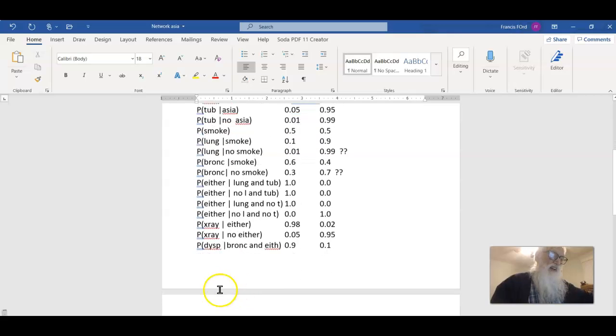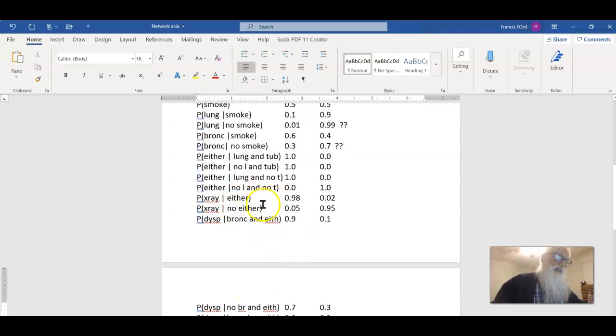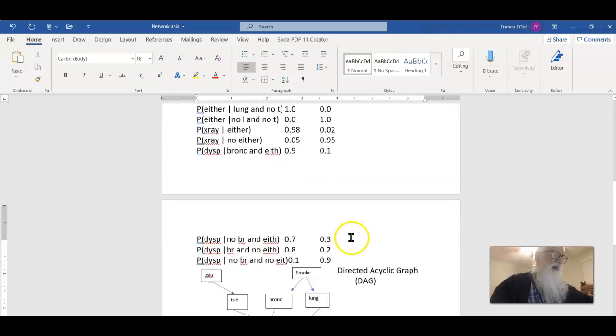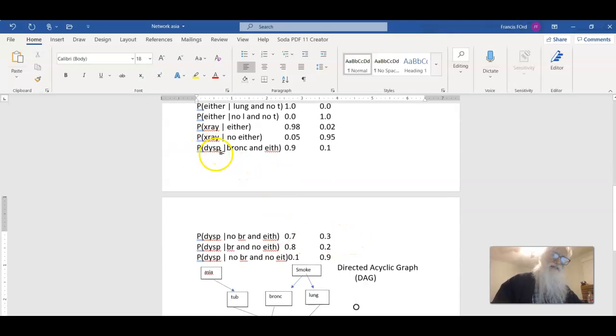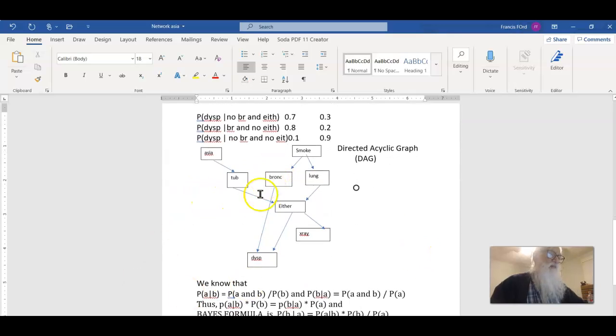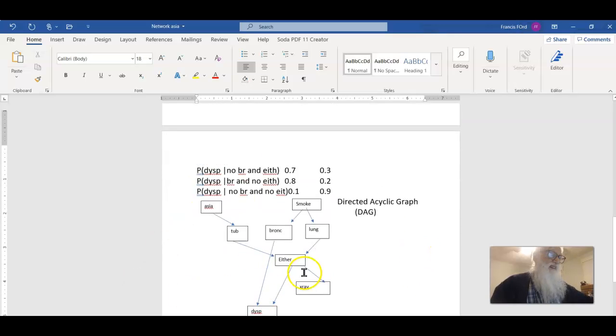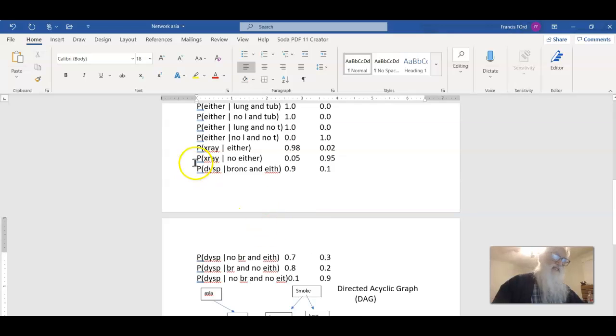And the probability of X-ray depends on either. And then the probability of dyspnea depends on the ones that it has. It has bronch and either. And again, there are 4 cases. Bronch and either, no bronch and either, bronch and no either, no and no.